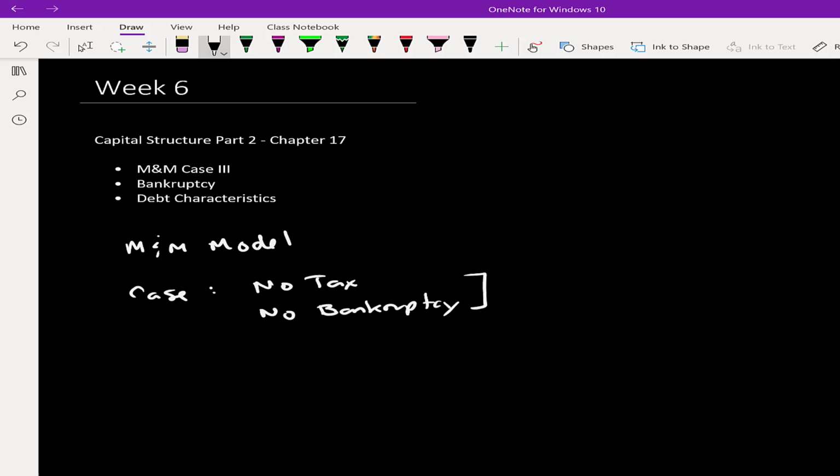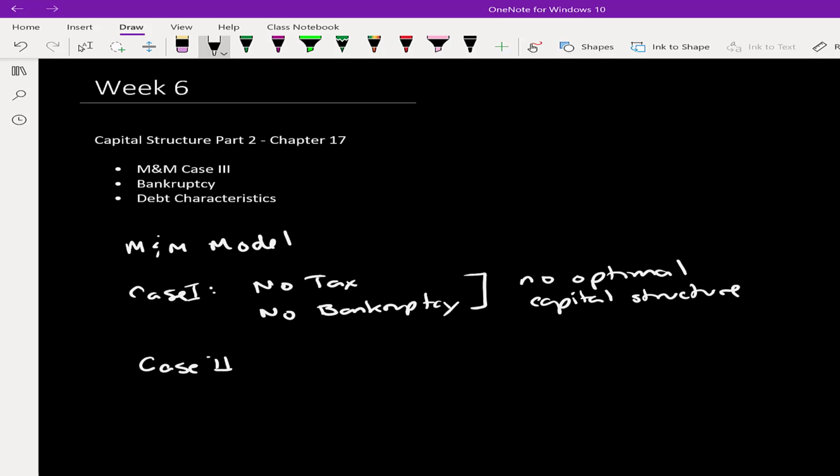The conclusion was there is no optimal capital structure. It's not realistic, but what it says is it makes no difference how much debt the company has. It could be 90% debt or 10% debt, it doesn't change the value of the company.